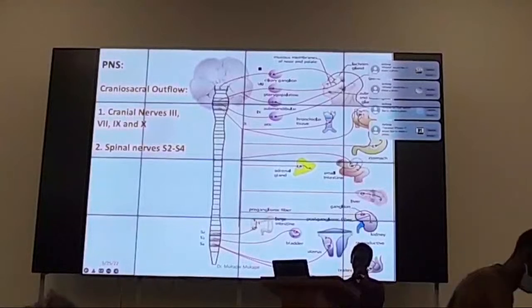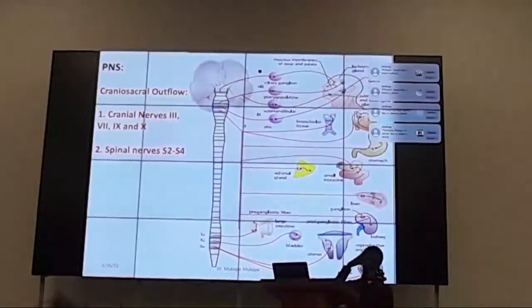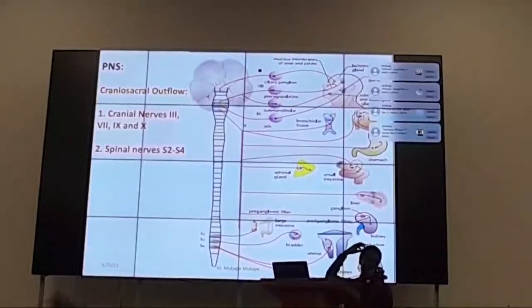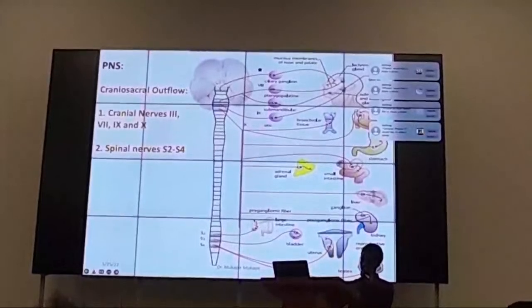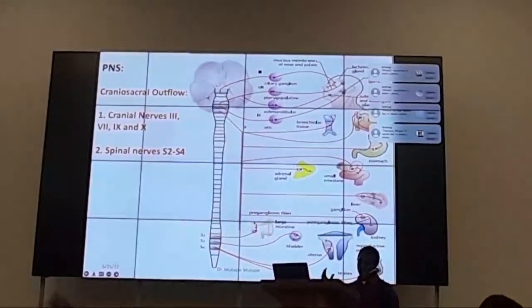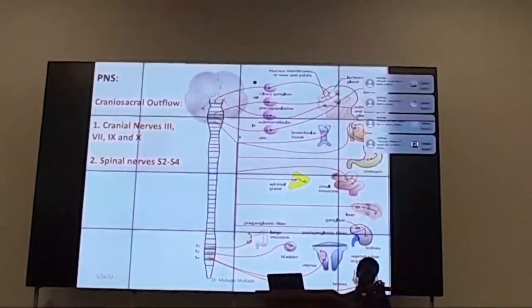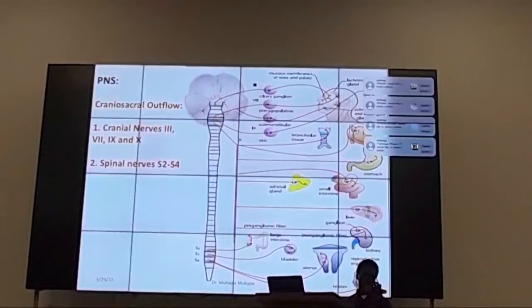If you follow the GIT from the mouth to the anus, up to the large intestine, at this corner here, where the spleen is, this is where the vagus ends its function, because that's where it terminates in terms of GIT.